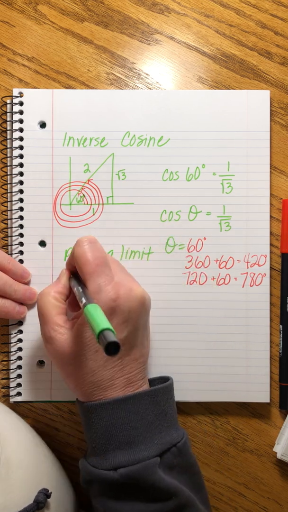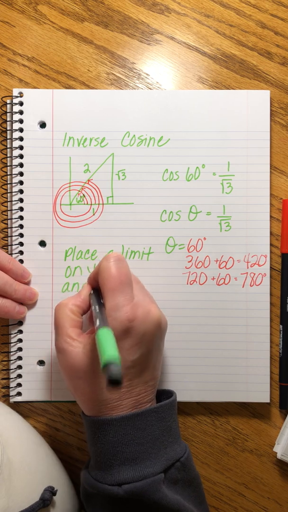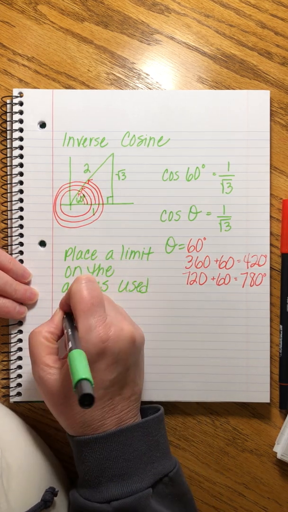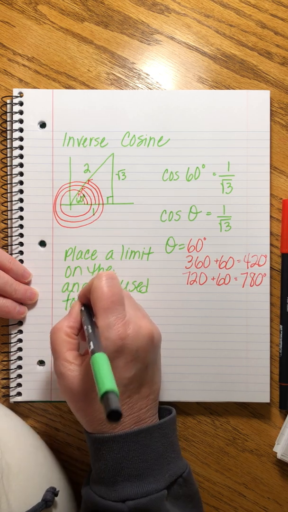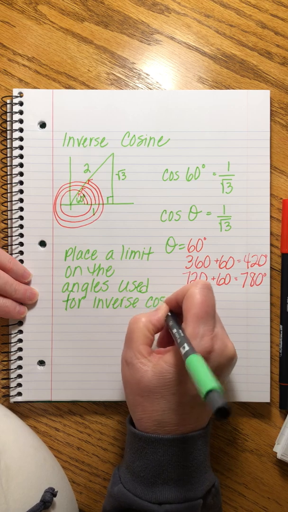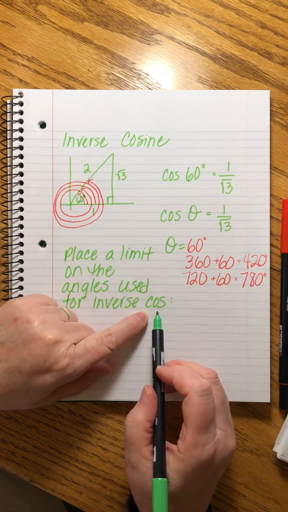On the angles, okay? We're gonna place a limit for all of them, but I'm talking specifically about the cosine now.